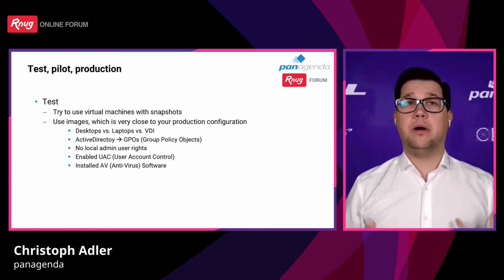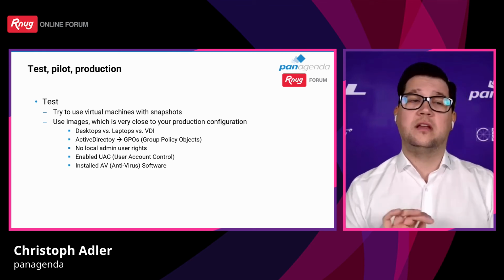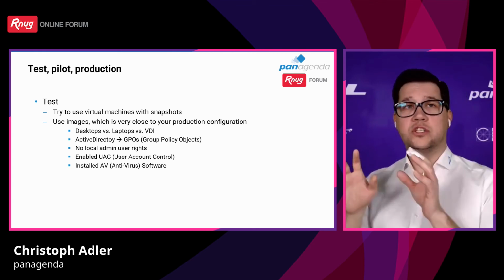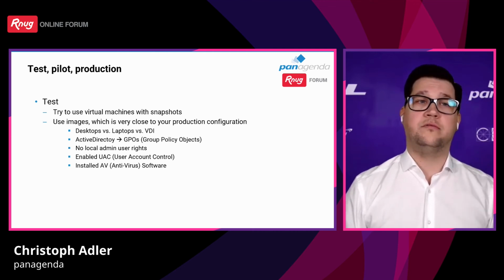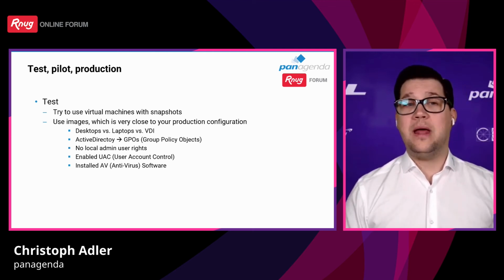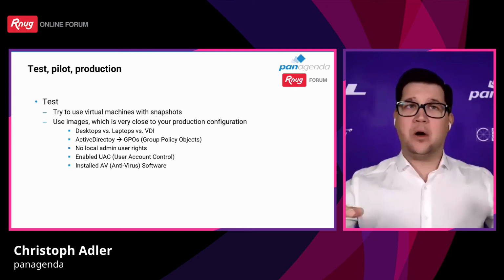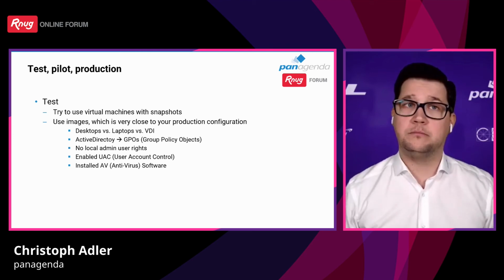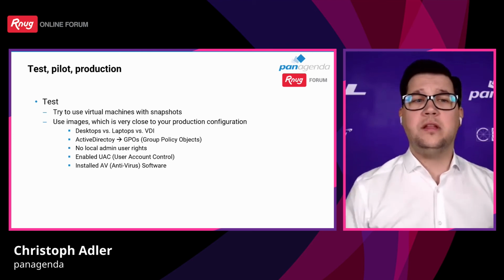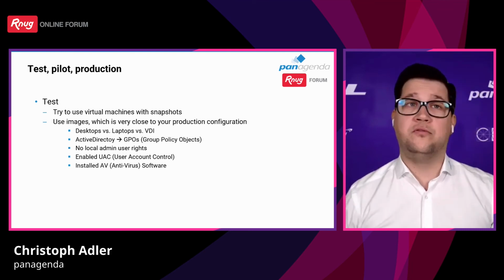If you are using Microsoft's Active Directory and group policy objects, bring them onto those virtual machines too. If a user does not have local admin rights, use a test user with the exact same rights as a normal user. If you are using User Account Control with Windows, enable that for the virtual machine also.